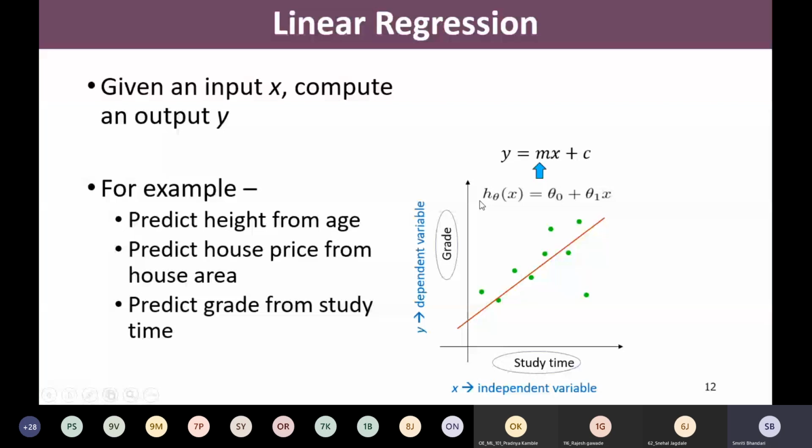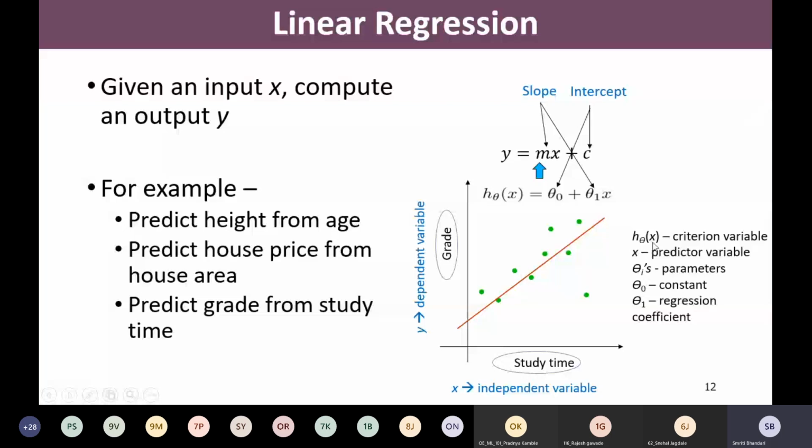And we have mentioned that h theta x is the criterion variable, x is the predictor variable, and the theta i's are the parameters. So theta 0 here is the constant and theta 1 is the regression coefficient. These are a few important terminologies related to regression.